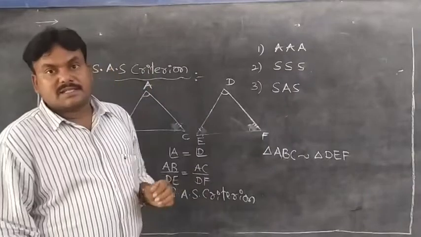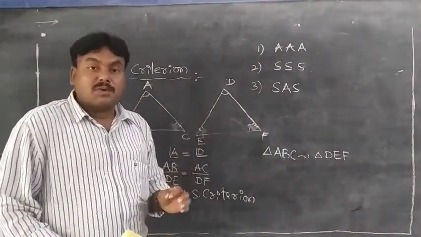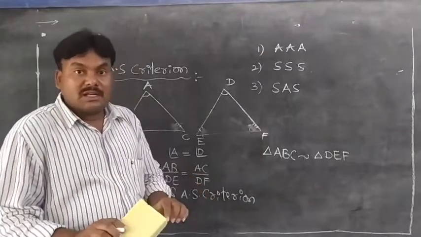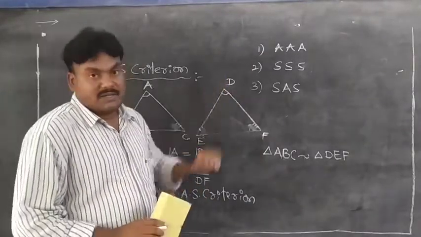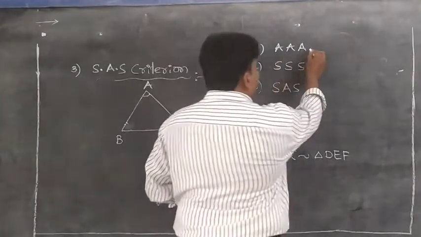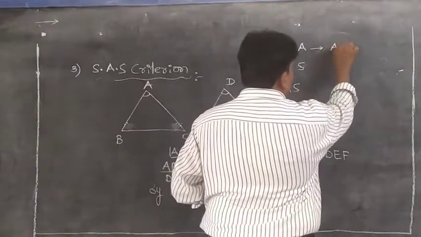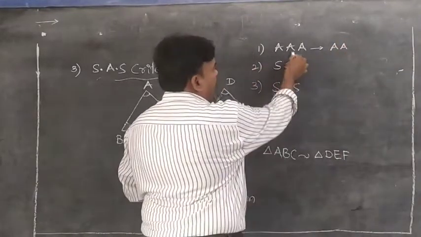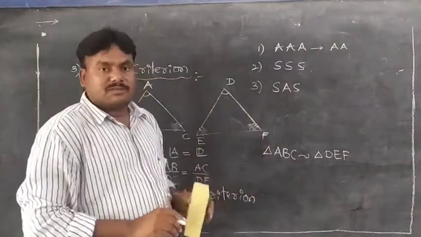In two triangles, if the angles are equal and the corresponding sides are proportional, then both triangles are similar to each other. AAA criterion is also called the AA criterion. Why? Because if any two of the three angles are equal, the third angle is automatically equal.